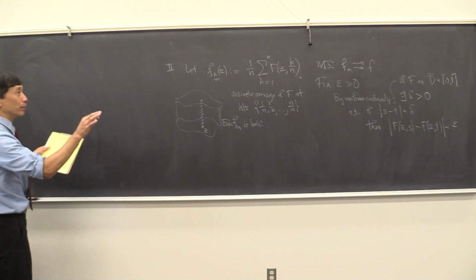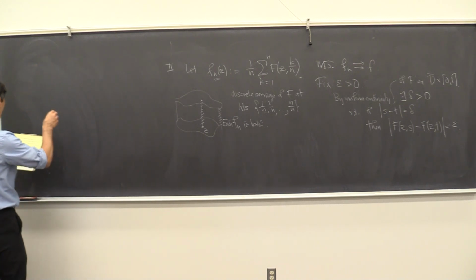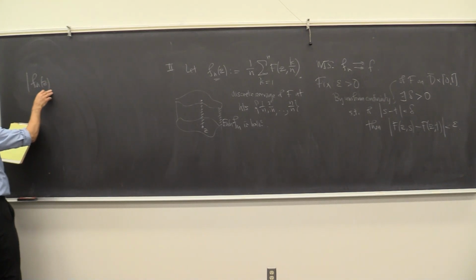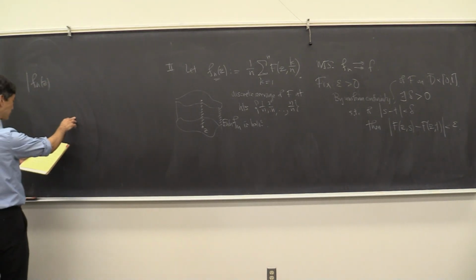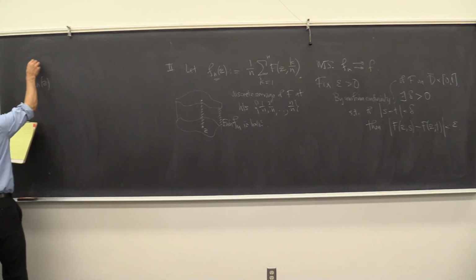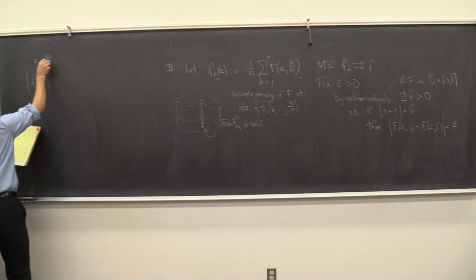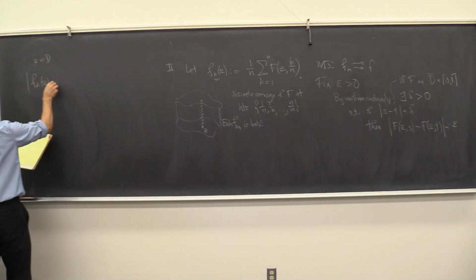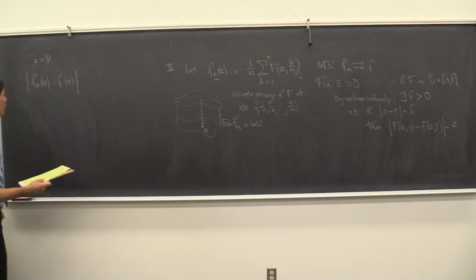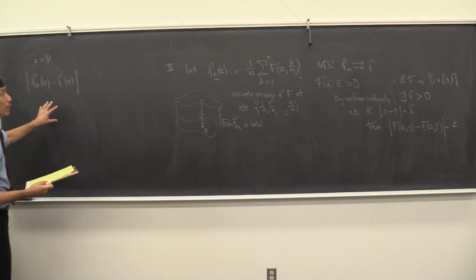Okay, so we're trying to show uniform convergence, so we need to look at this sort of thing for z in the disk. So what is this?